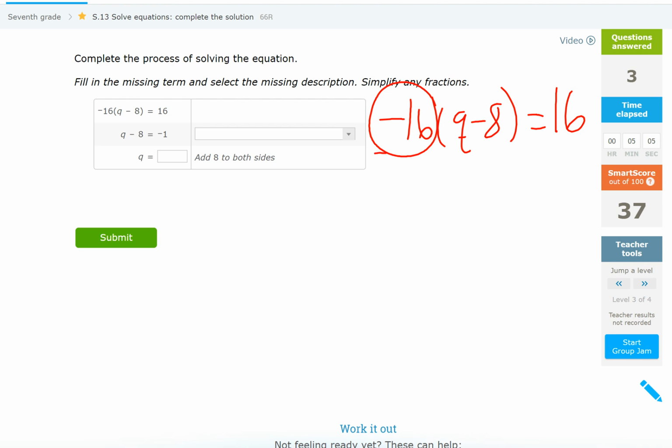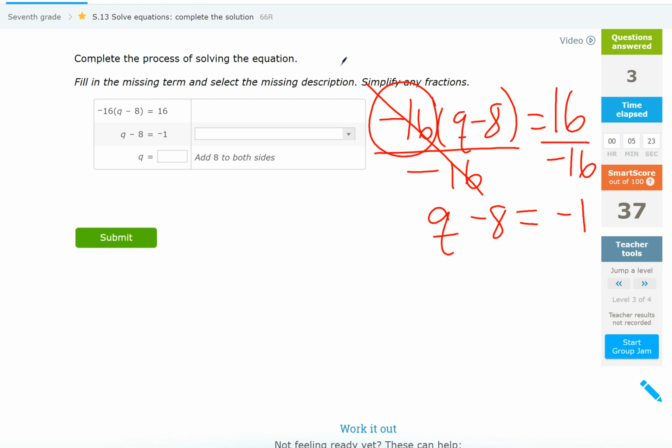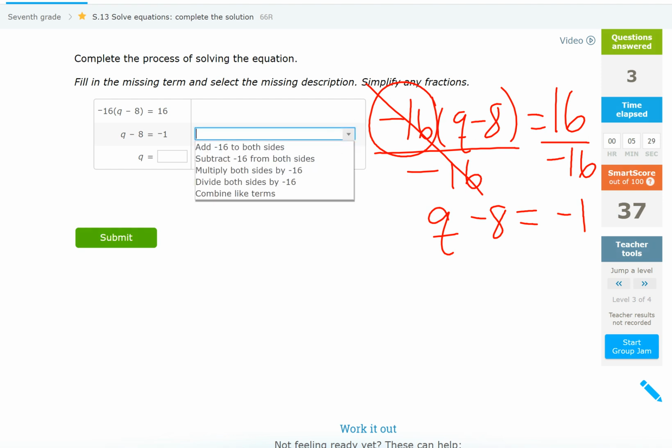To get rid of the negative 16, because it's being multiplied by the parentheses (q minus 8), you divide both sides by negative 16. So we knew that already. Those cancel, and I get q minus 8 equals 16 divided by negative 16, which is negative 1. And so I did get what I expected to get. How did I get to that point? I divided both sides by negative 16.